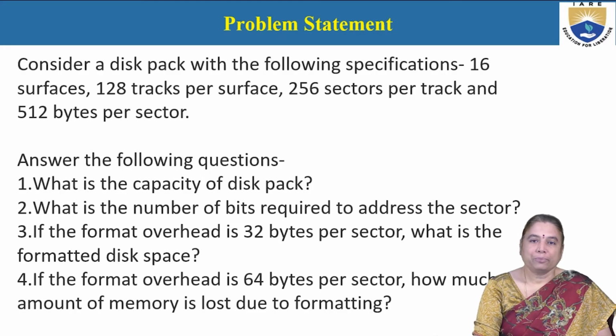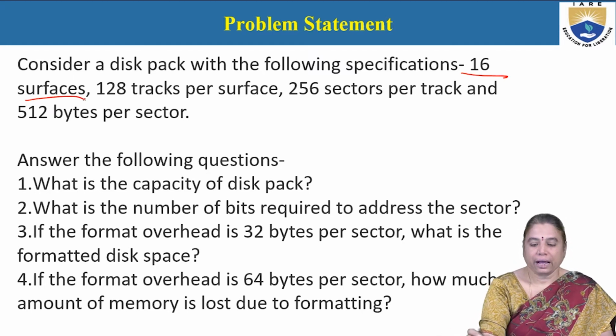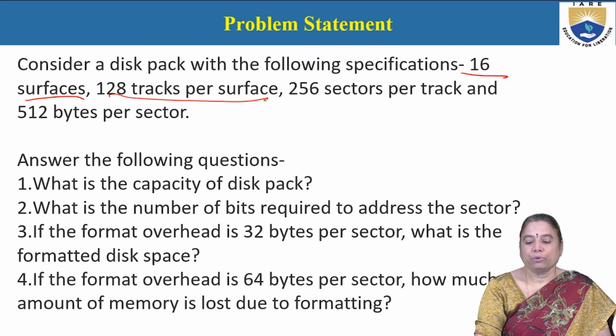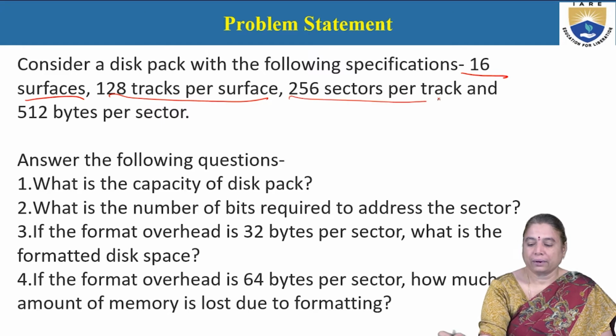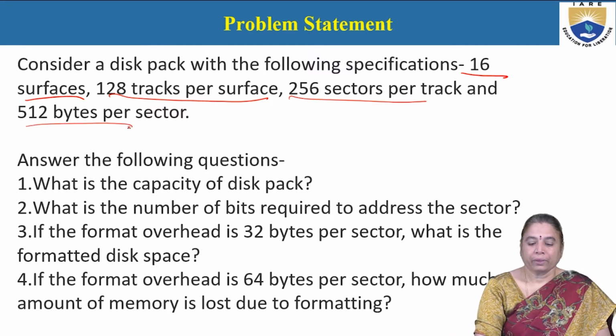The first problem statement is, consider a disk pack with the following specification: 16 surfaces, 128 tracks per surface, 256 sectors per track, and 512 bytes per sector. Answer the following questions.